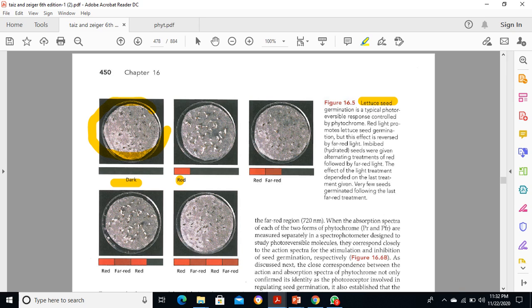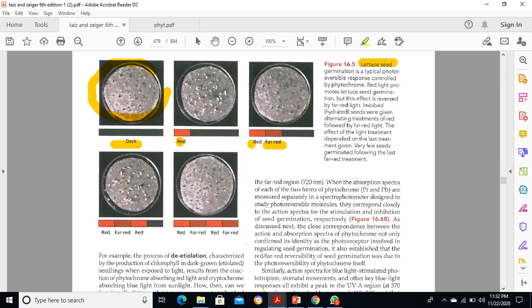Seeds are able to germinate in the presence of red light. Then the next experiment, red light followed by far red, the seeds do not germinate. Okay. Then next experiment, red light followed by far red, again red light, seeds germinate.